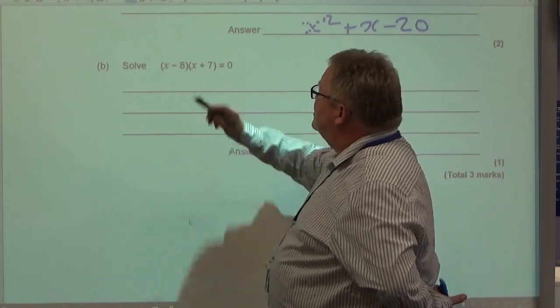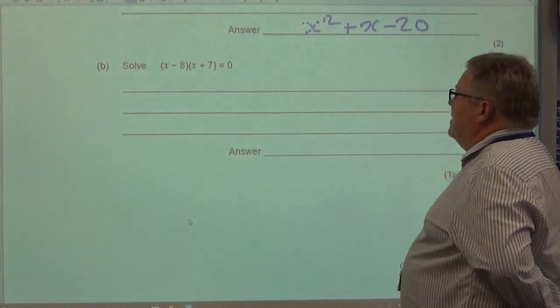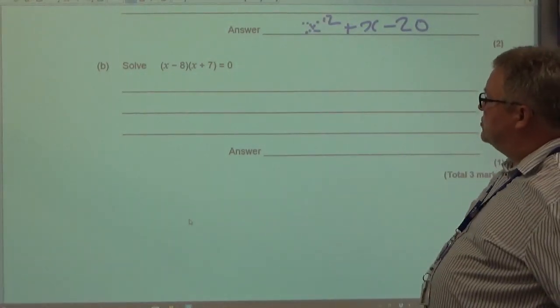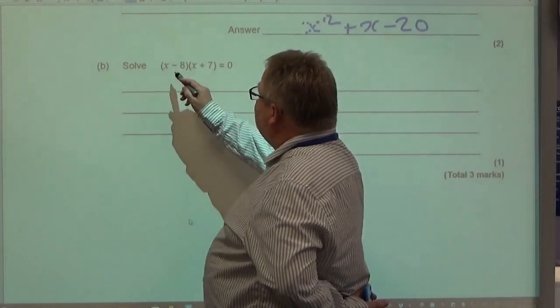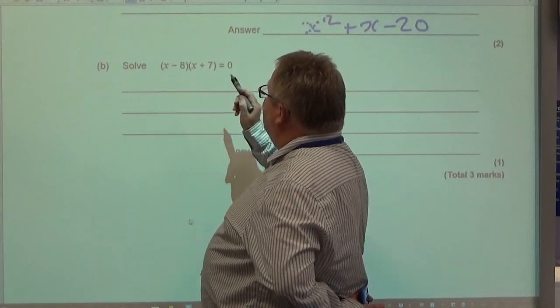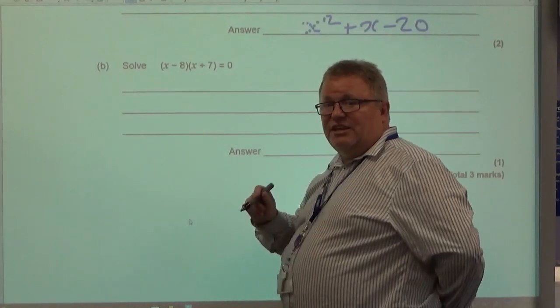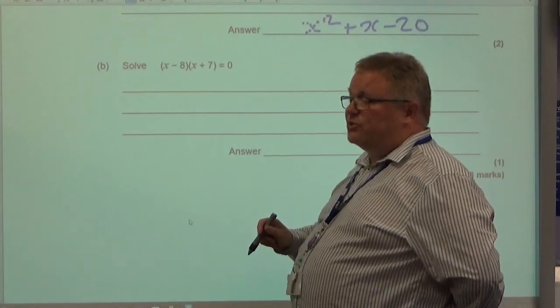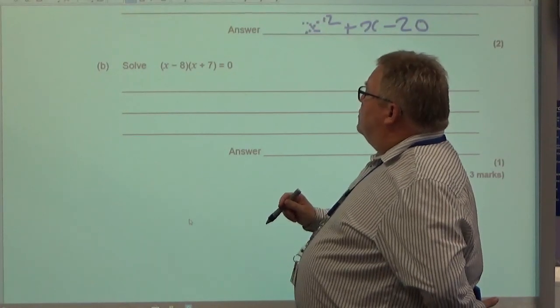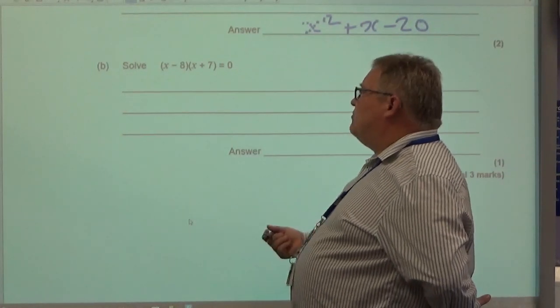So we've now got to solve a quadratic, a double bracket like that. The way to solve this is to say, well, we're going to get 2 answers. Normally in a linear equation we only get 1 solution. With this we're going to get 2 solutions. So to get an answer of 0, what do we need?